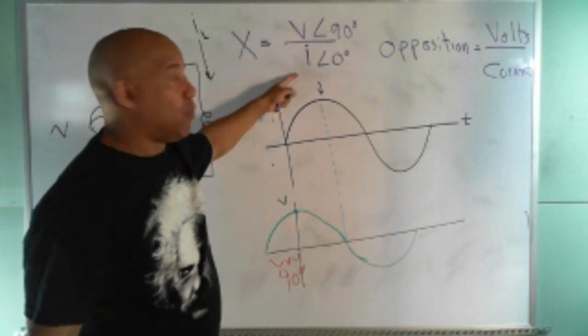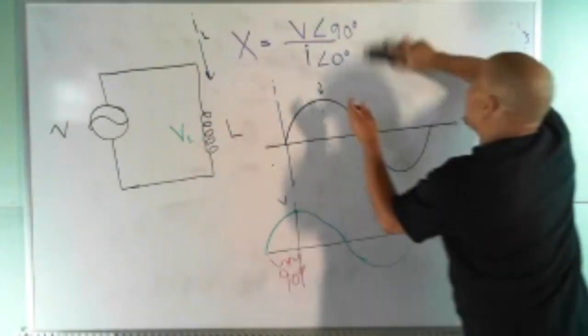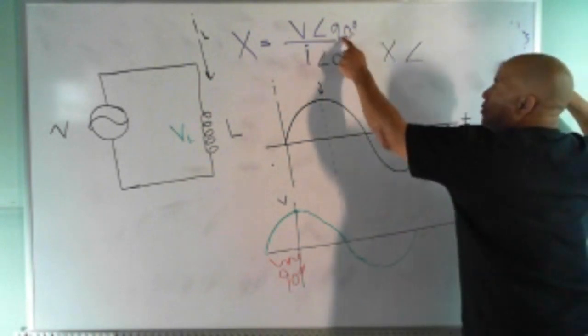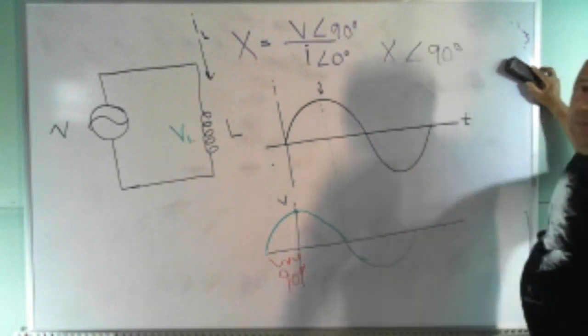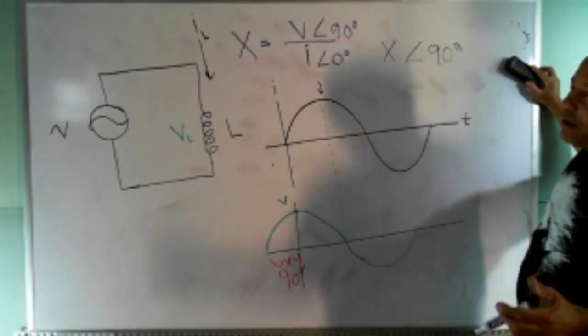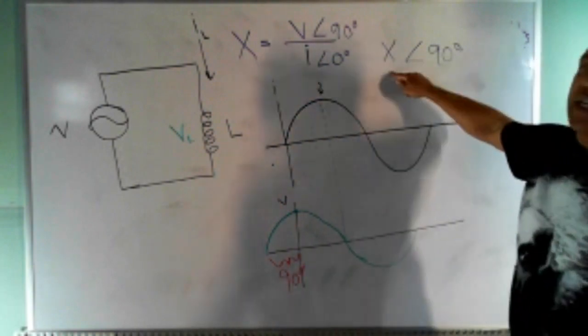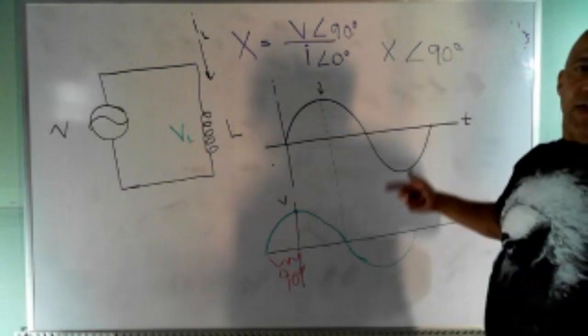What that means is this thing right here, that opposition, is going to have an angle of 90 minus 0, 90 degrees. So if you follow the math and the argument, here I have an opposition that's not resistance, and it has an angle that's not 0.